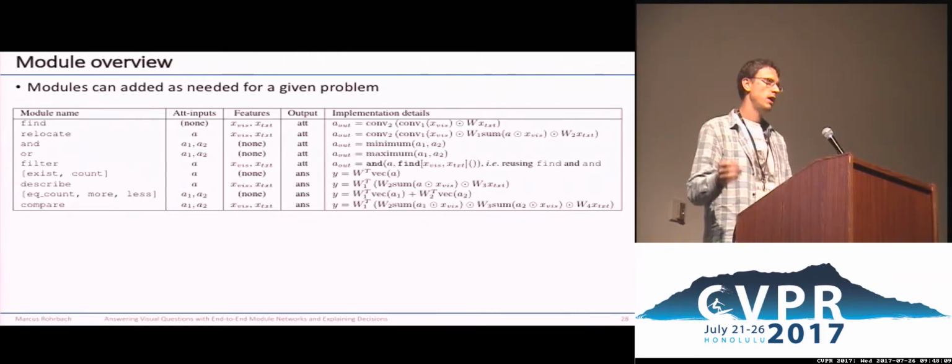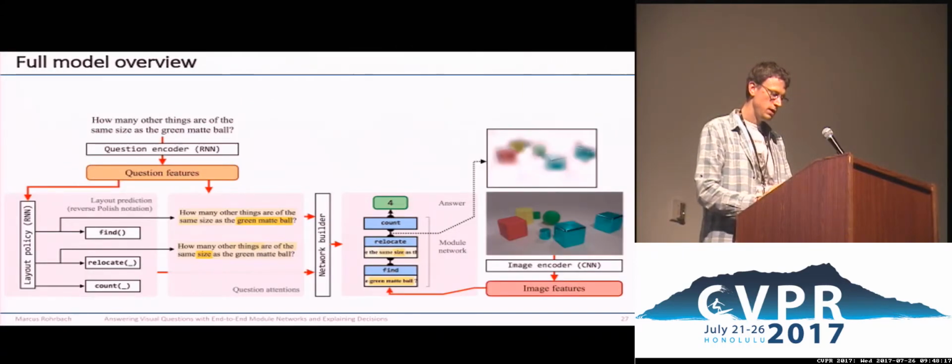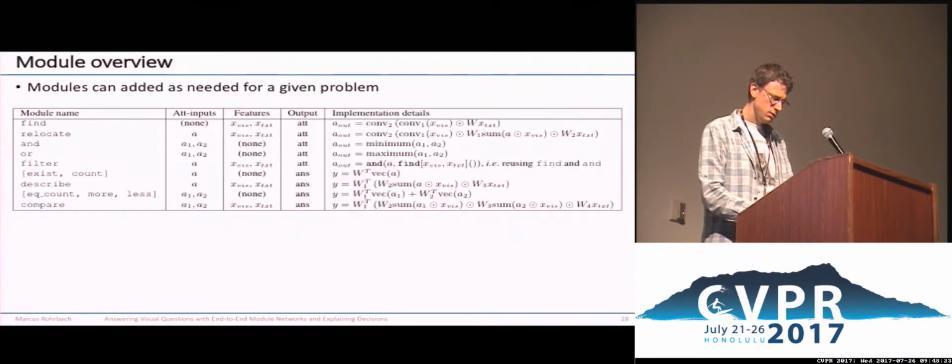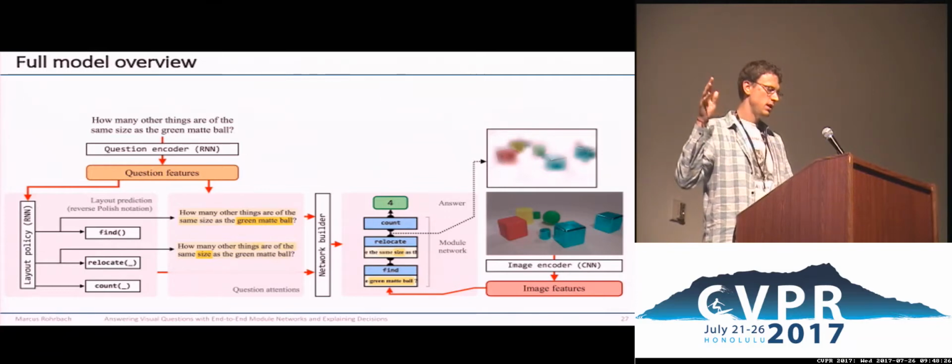You could also add an RNN as output if you want to really predict text as output. Maybe one more detail I'm missing is that we just train it with question, answer, and image pairs.